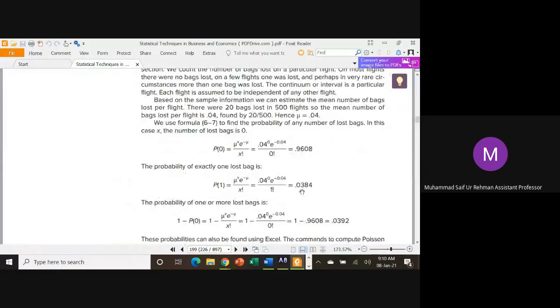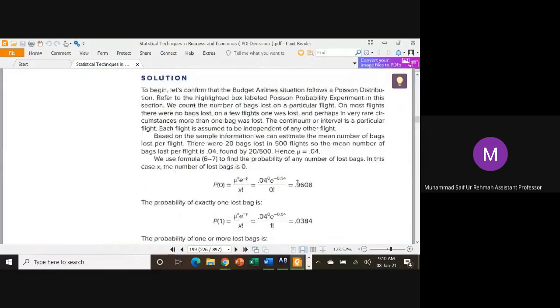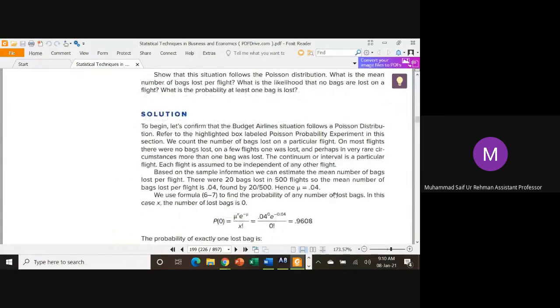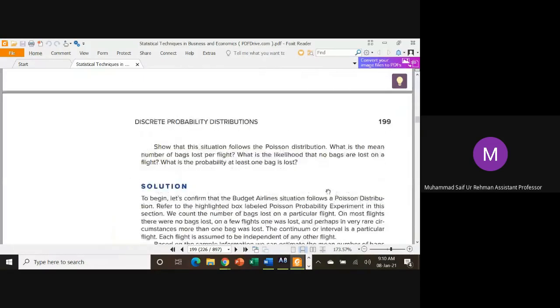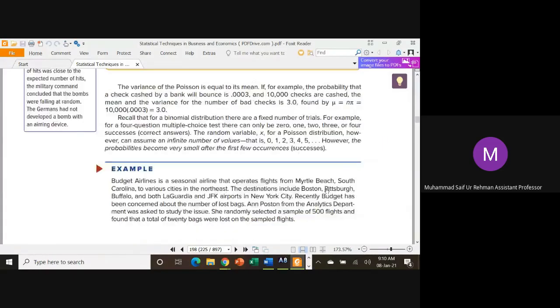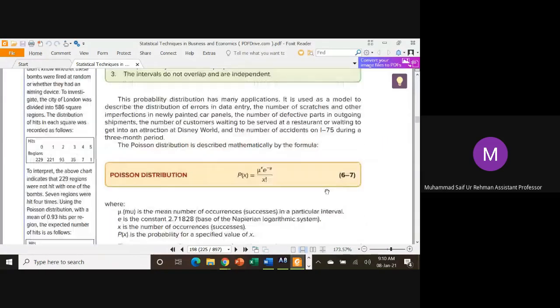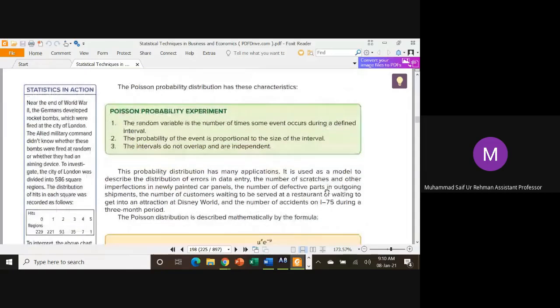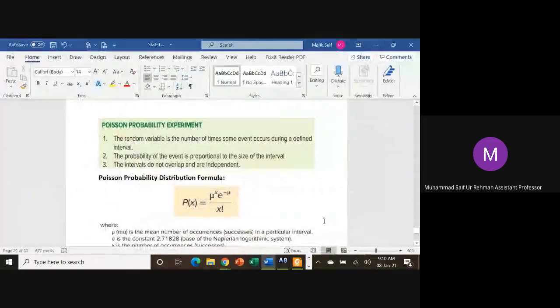But what we have to remember is that the probability of success will be so small, and the number of trials will be so large in case of Poisson probability distribution. Let us have an example in which we are going to talk about Poisson probability distribution.